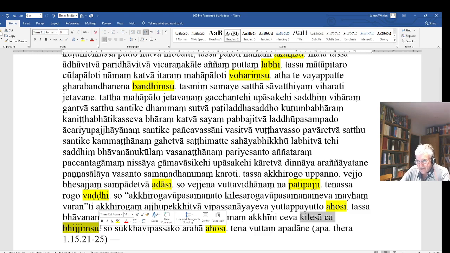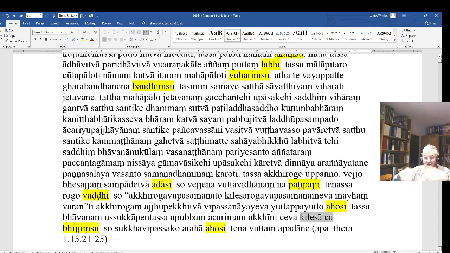If something is split, passive bhijati in Pali, and in the past, in the aorist, third person plural, bhijimsu. Again, this unmistakable ending, imsu. So they split. So kilesa cha bhijimsu, literally, and the defilements split.